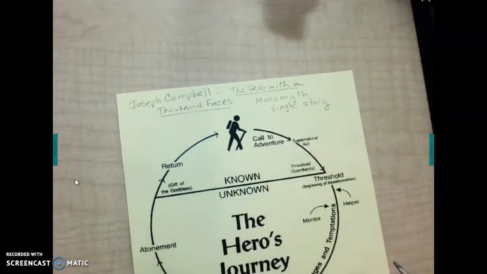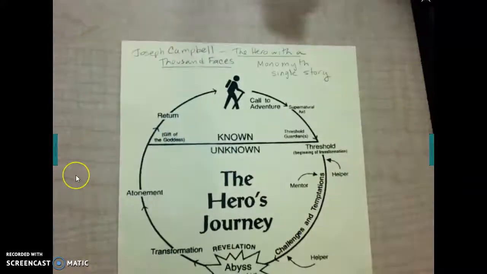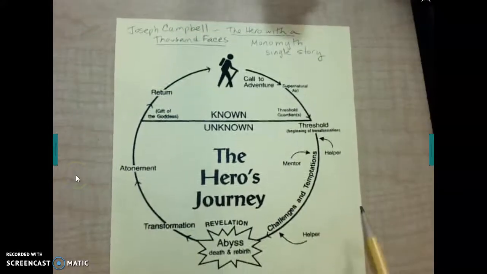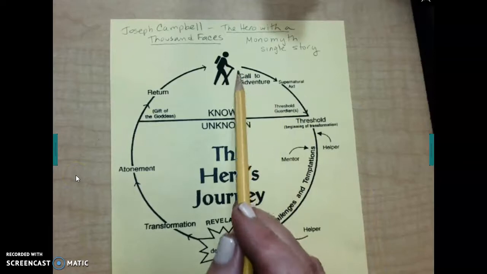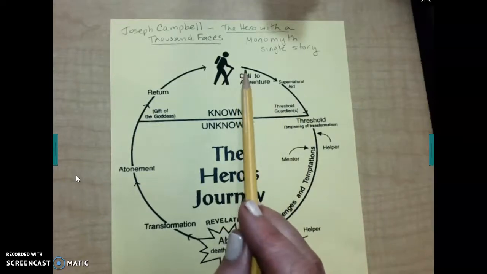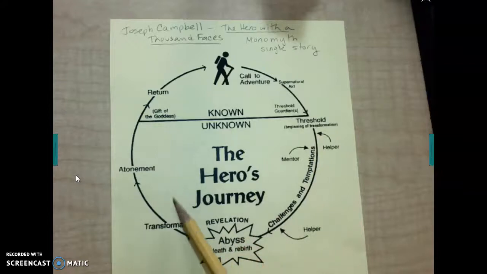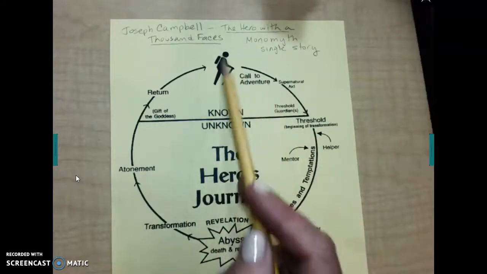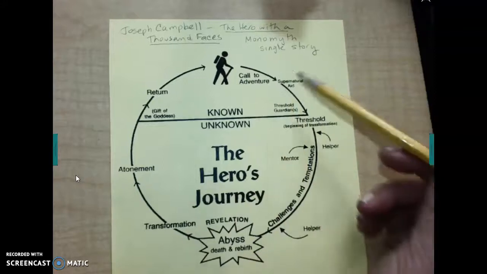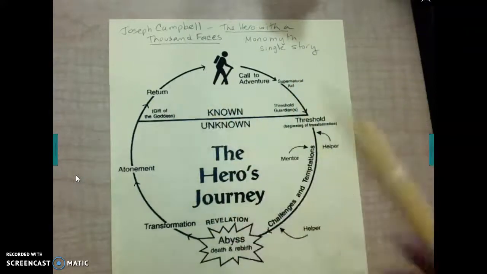And it gives us an opportunity to watch movies and read literature and discover how the writer has changed the story so that things might be a little bit different, the hero might look a little bit different, but the path of the journey is often the same.